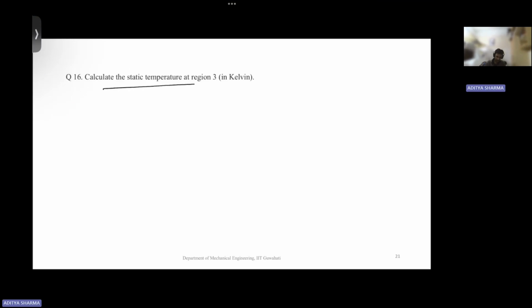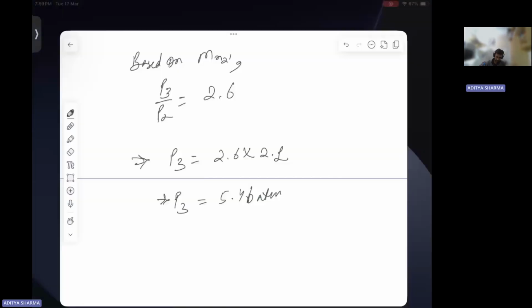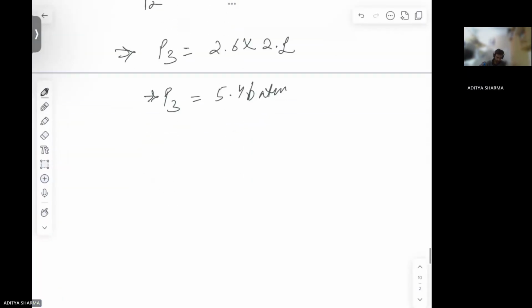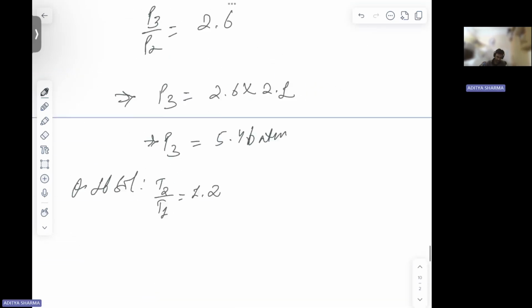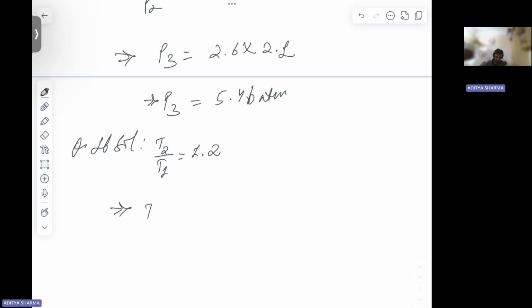Then next is calculate the static temperature at region 3. Now, same method we will use. Question number 16 solution. T2 by T1 is 1.2, based on this Mn1, which implies T2 is 1.2 into 290.